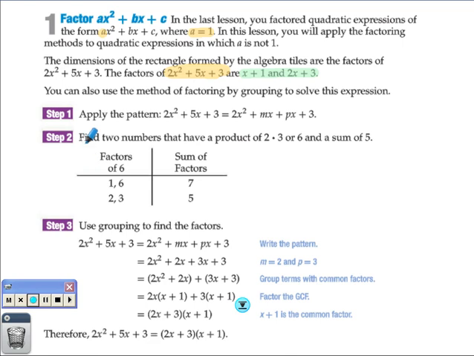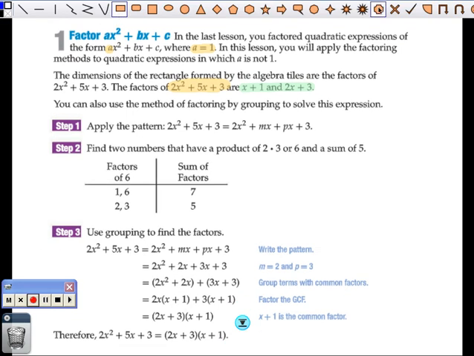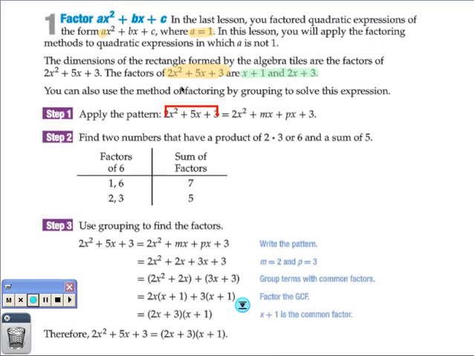Okay? We do basically the same exact thing, but in the last section, we found two numbers that added up to the middle term and multiplied to the last term. This time, the only change is that instead of multiplying to the last term, we're going to find numbers that multiply to the product of those two terms.